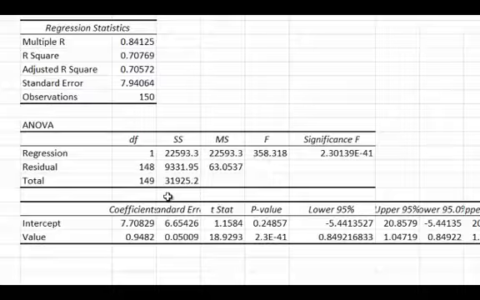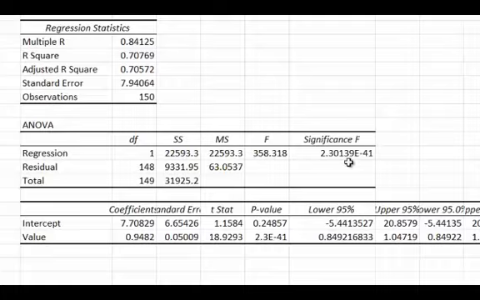So it's how much of those squared residuals are attributed to the regression equation and how much are attributed to just the residuals themselves. And there is an F test that's taken place here, but ultimately this significance is a p-value of this ANOVA hypothesis test, and as we can see, it's a very, very small value, 2.3 by 10 to the minus 41.